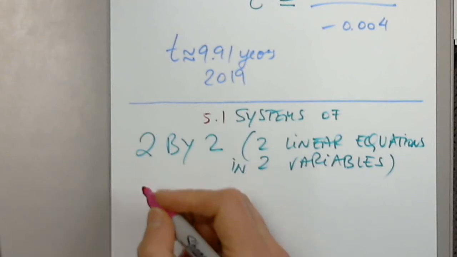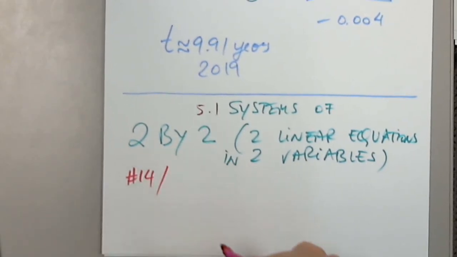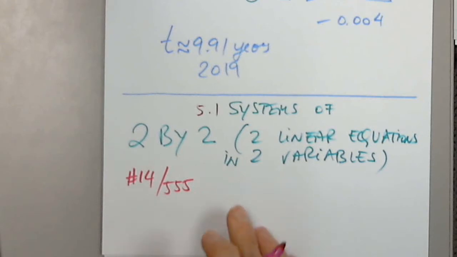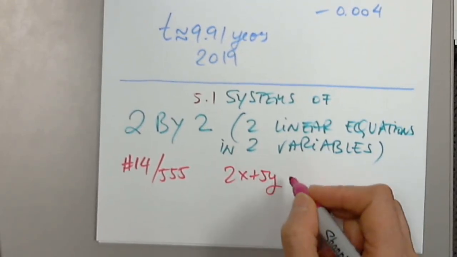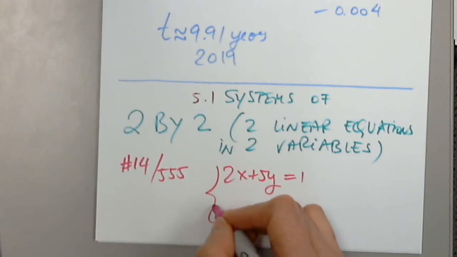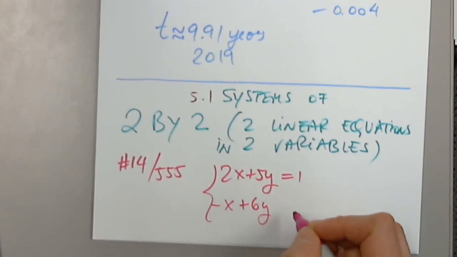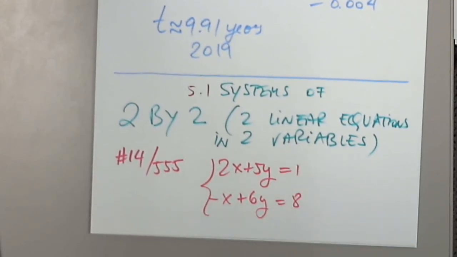Let's say problem 14, on page 555. 2x plus 5y equals 1, and negative x plus 6y equals 8. I see two equations, two variables, and let's suppose the problem is asking us to use substitution to solve the system.